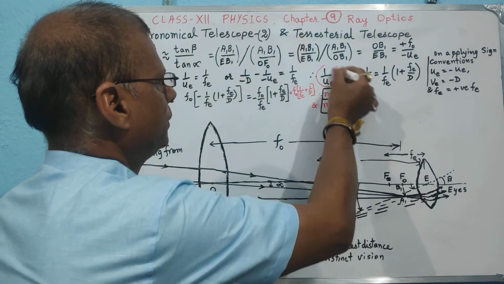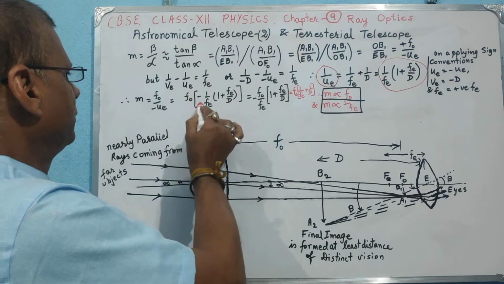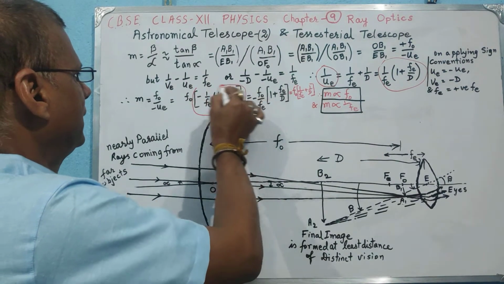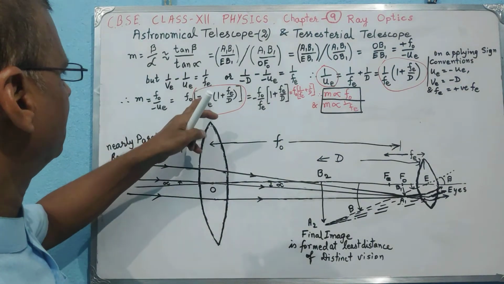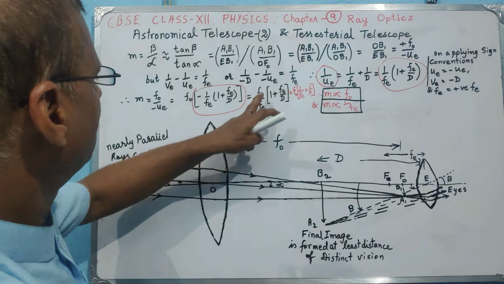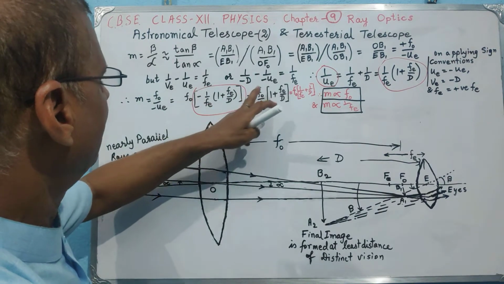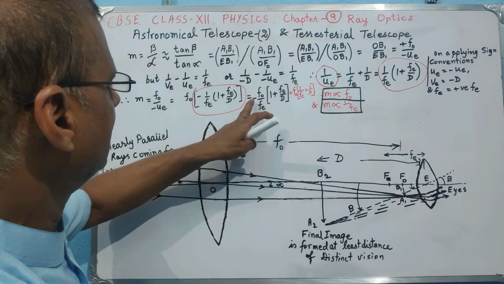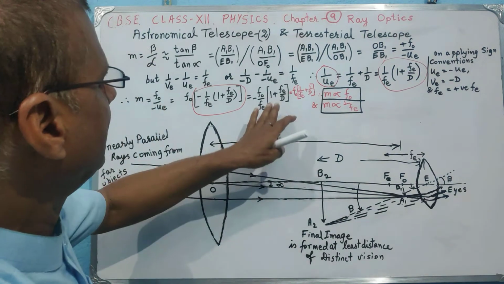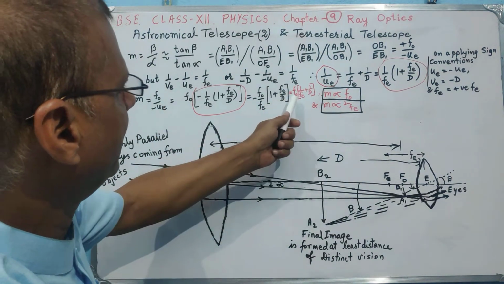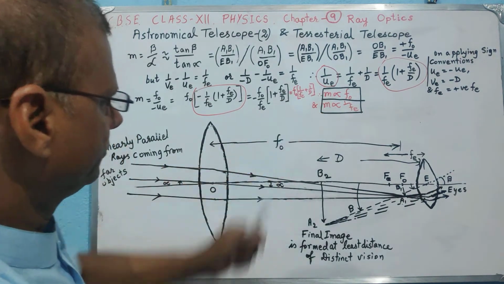For 1 by UE we write it over here with a minus sign, and then we carry FE outside the bracket. It becomes FO by FE minus, within minus sign FO by FE within bracket 1 plus FE by D. That can also be rewritten in the form of F0 within bracket 1 by FE plus 1 by D.